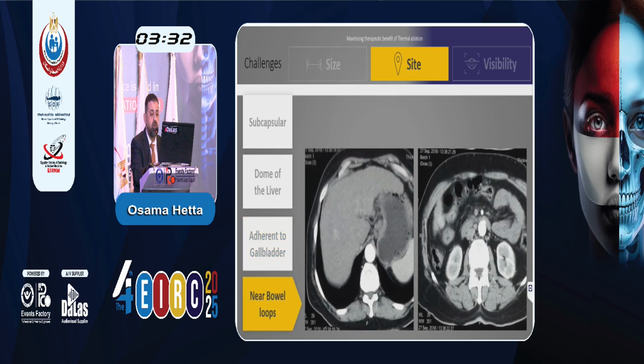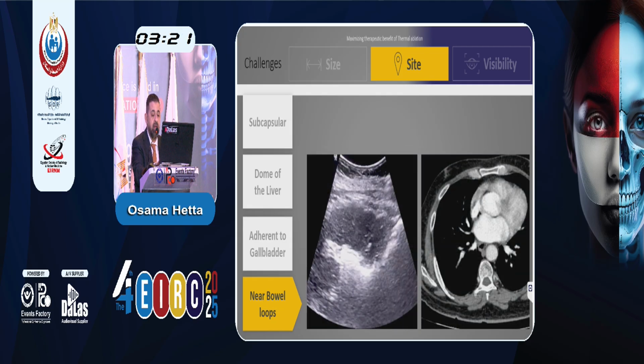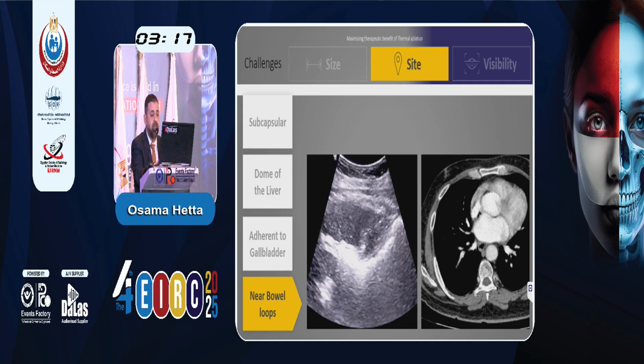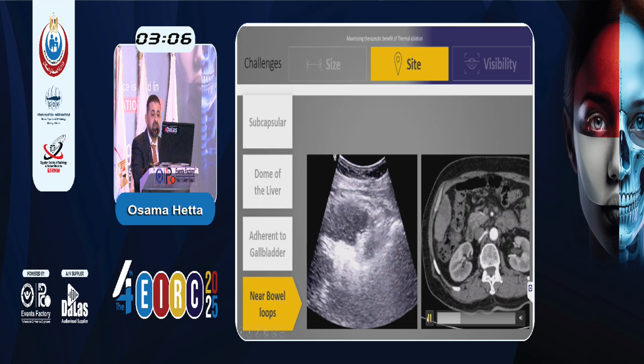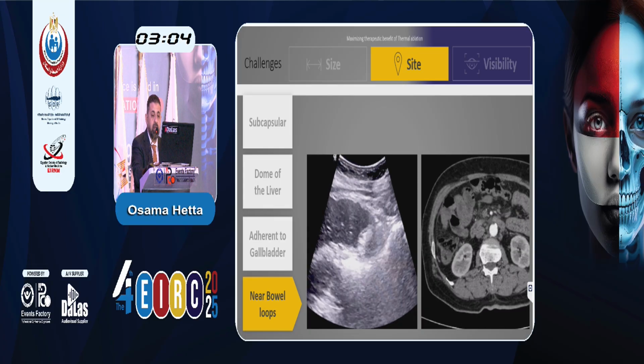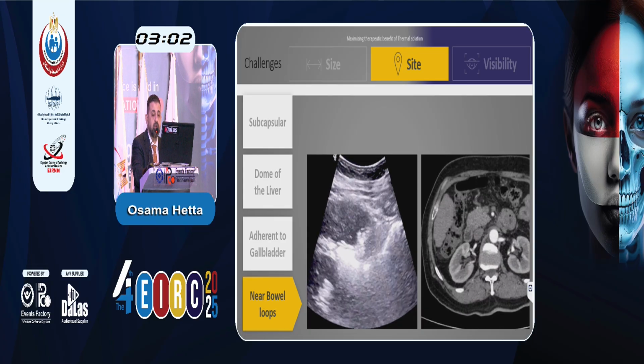Lesions near the bowel loop, we can ablate by radiofrequency alone, and sometimes we can do artificial ascites to get a marvelous response like this. We ablate precisely beside the bowel loops to get such an area of necrosis.